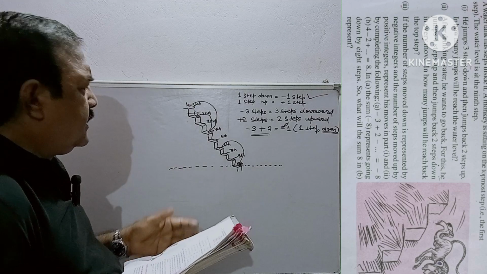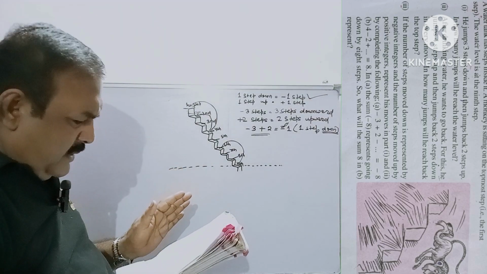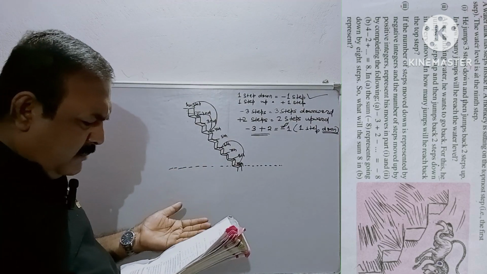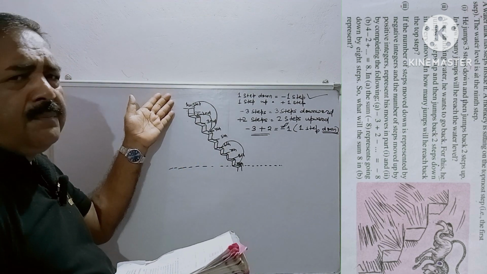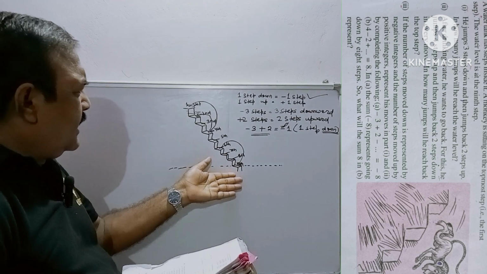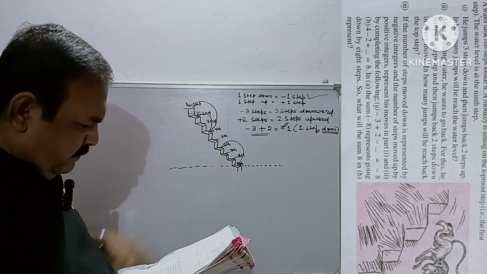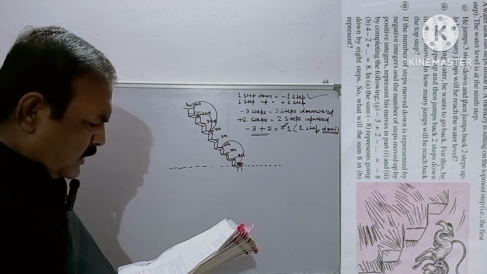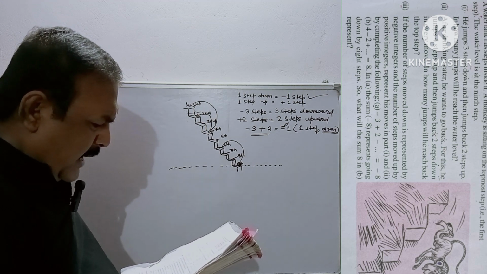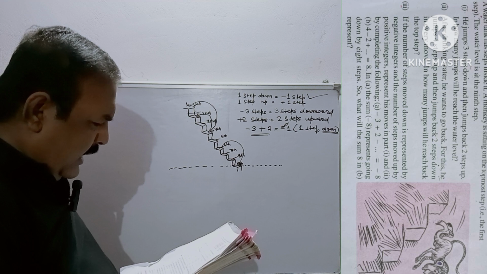After drinking water, that means the monkey drank water, what did the monkey do after taking water? He wants to go back because he has come from up and he is here. He wants to go up. For this, he jumps 4 steps up and then jumps back 2 steps down in every move.